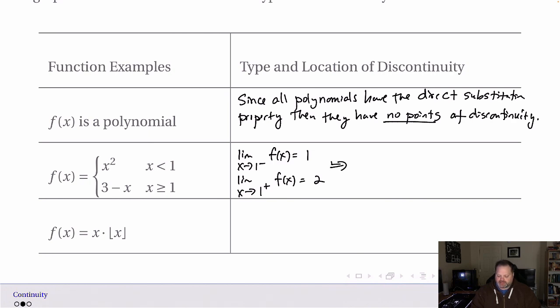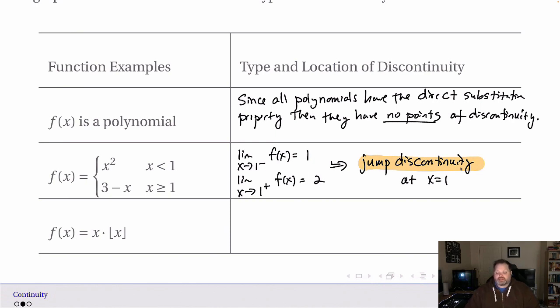This implies that we have what's called a jump discontinuity at the point x equal to 1. So this is our first discontinuity type. We're going to have a couple of these by the time we're done.